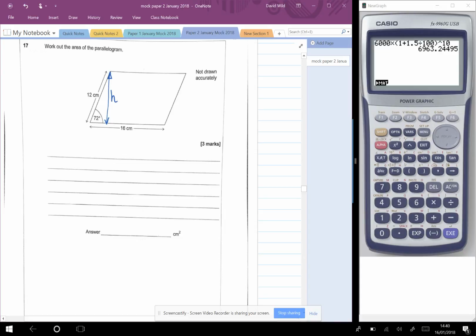Let's call that h, because the area of a parallelogram, and also a rhombus and things like that, is half of the sum of the parallel sides times the perpendicular distance between them, which we're calling h. So we need to find out what that h is.